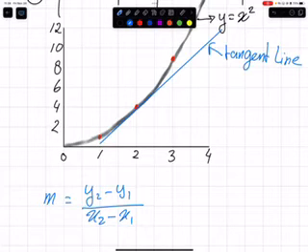Gradient of a straight line. You need two coordinates to find the gradient of a line. You choose the coordinates. It doesn't matter.